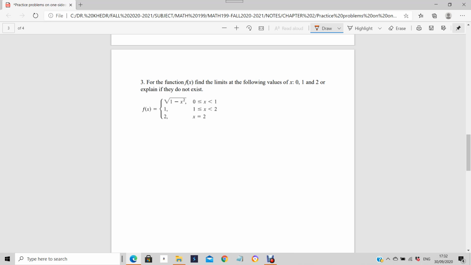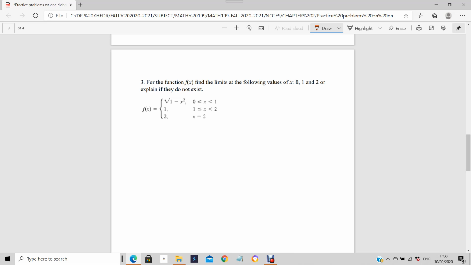Well, this kind of function has a name. We said the name of this kind of function is piecewise defined function. It means that in each interval of the domain or of part of the domain, the function has a specific rule or a specific equation.